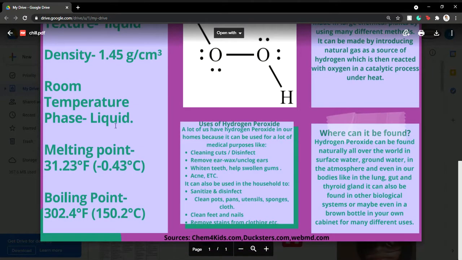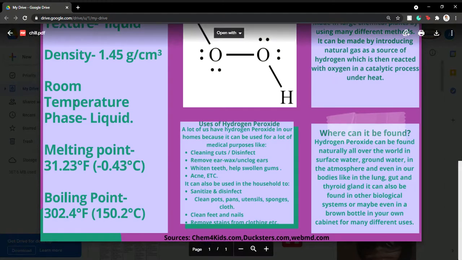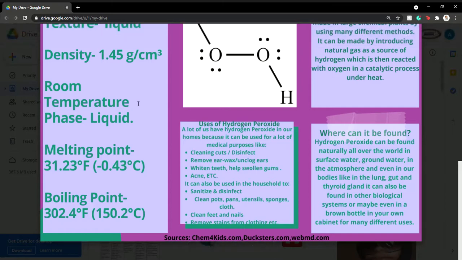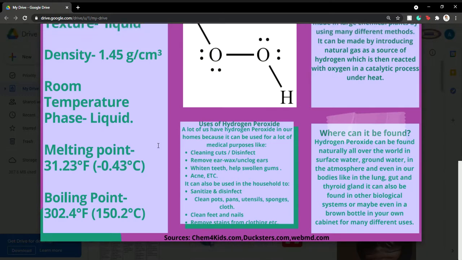Its density is 1.45 grams per cm cubed. At room temperature, it is a liquid. Its melting point is 31.23 degrees Fahrenheit or negative 4.43 degrees Celsius. Its boiling point is 302.4 degrees Fahrenheit or 150.2 degrees Celsius.